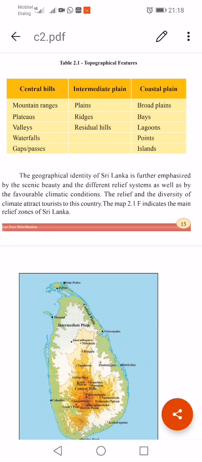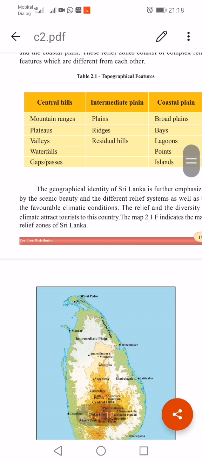As we are living in the central hills, it is not new to you, because our school and everything are surrounded mainly by the Piduruthalagala mountain range, right? So you know what I mean. And also plateaus, right? Plateaus.